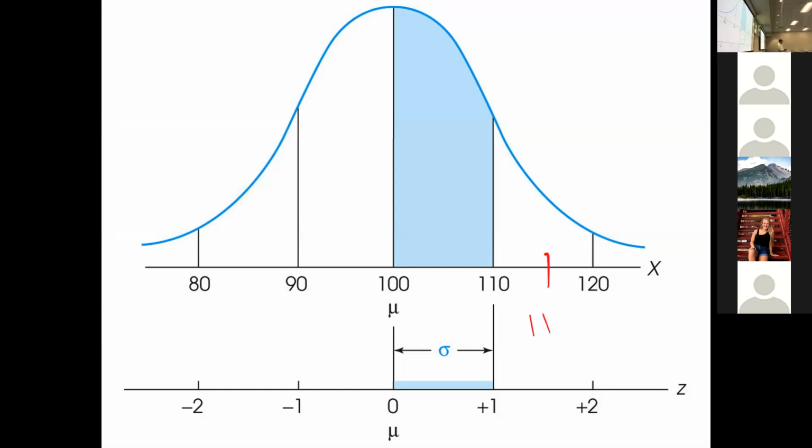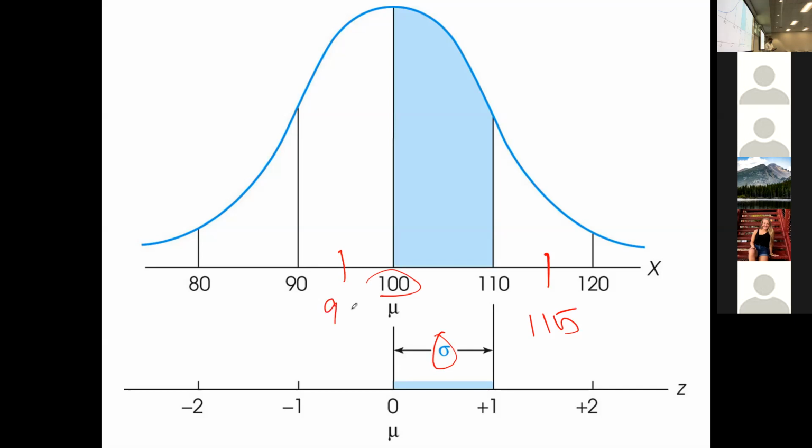So if I want to get to a score of 115, what would my z-score be here? 1.5, exactly. This is actually easy because your standard deviation is just 10, as you can see here. You've got your mean of 100. Extra easy.